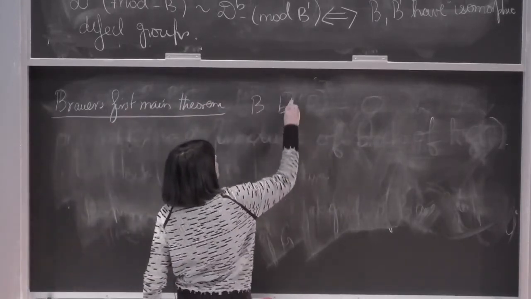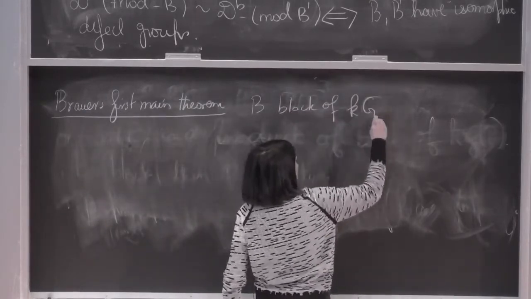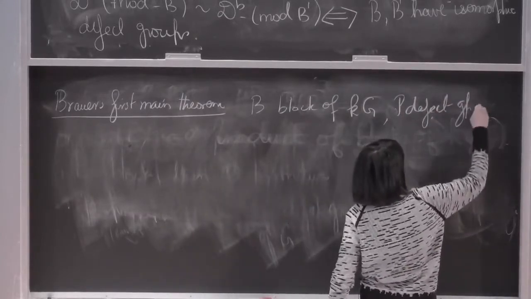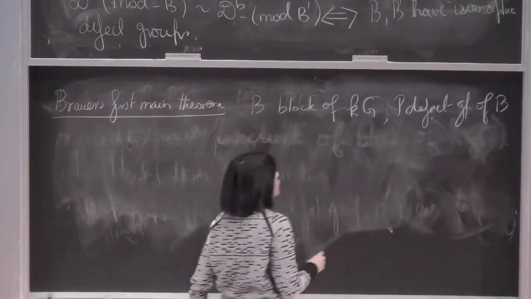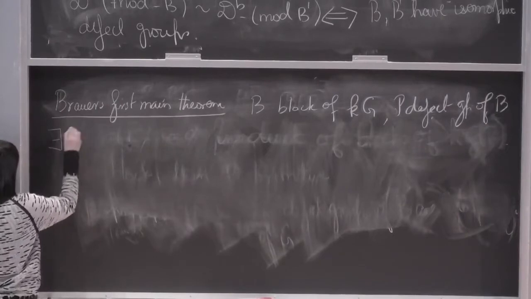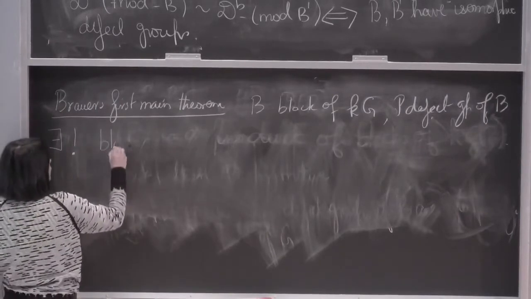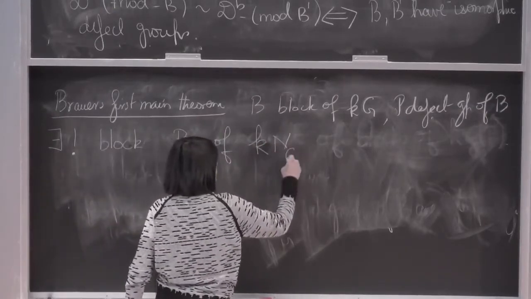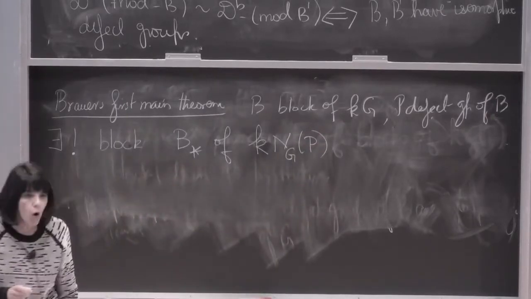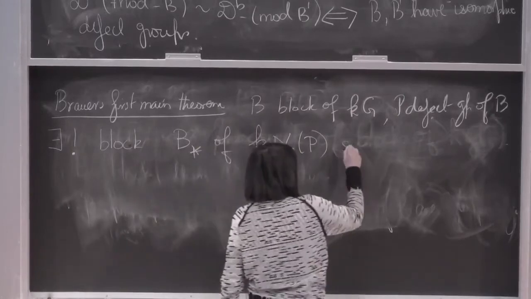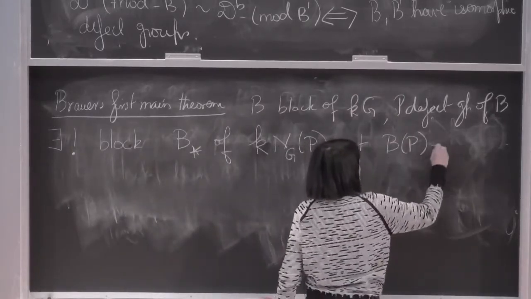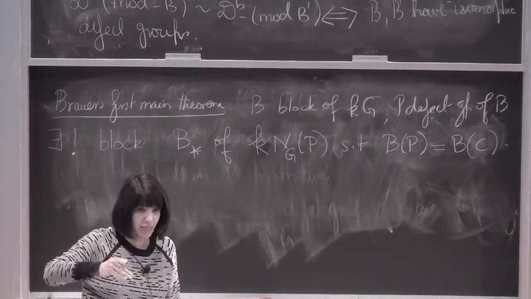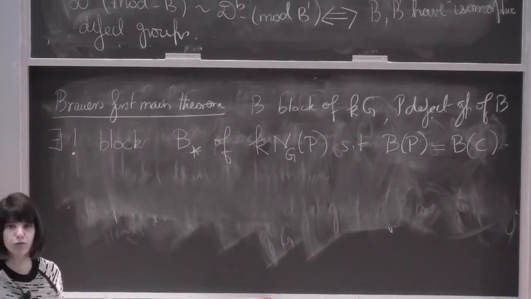Let B be a block of KG, and P a defect group of B. Then there exists a unique block, let me call it B star, of the normalizer in G of P such that, so you can apply the Brauer construction from G to the centralizer in G of P. You can also apply the Brauer construction.